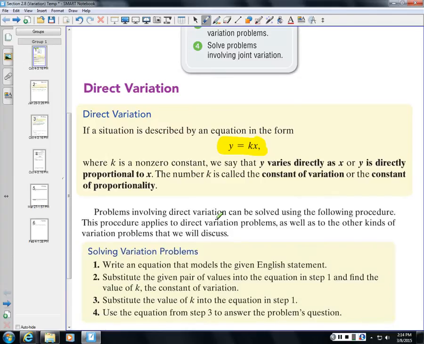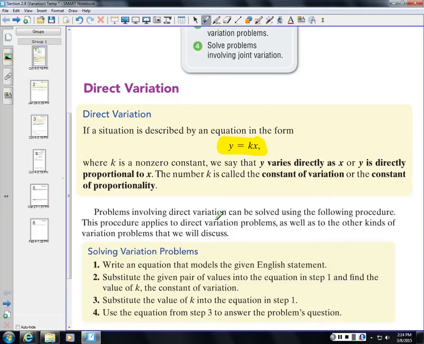If one goes down, the other one goes down. Whatever y does, x is going to do it at a rate of that constant. So if the constant is 6, then that's the constant that y and x vary by, and how they are proportional.